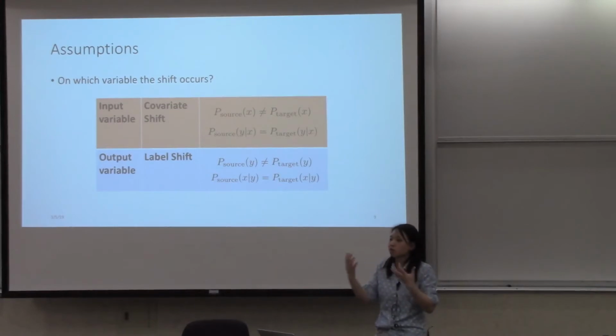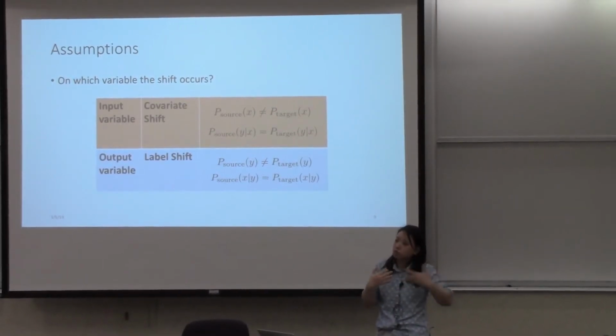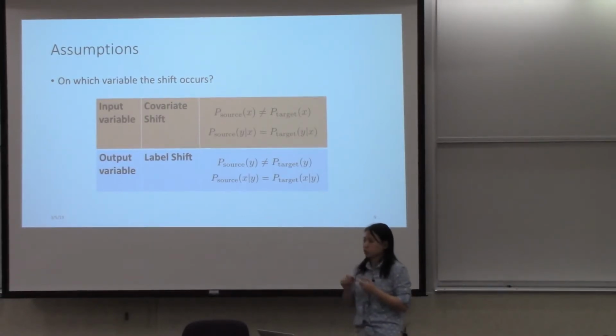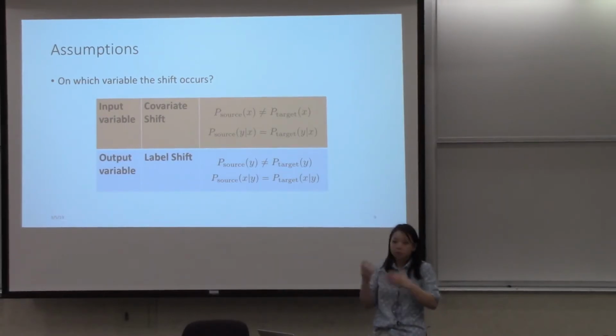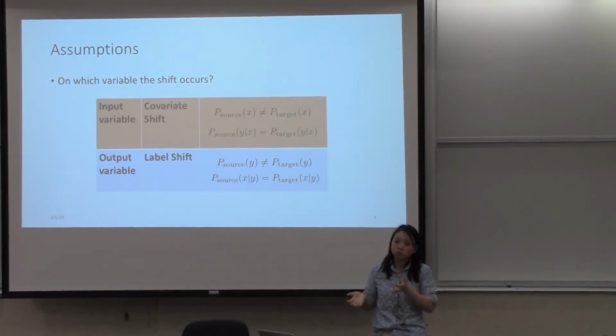The disease distribution is not the same, but given the disease, the symptoms are usually similar. Then this is usually the label shift case. So it depends on what kind of problem and applications you have; you may make different assumptions and choose the one that's closer to your reality.